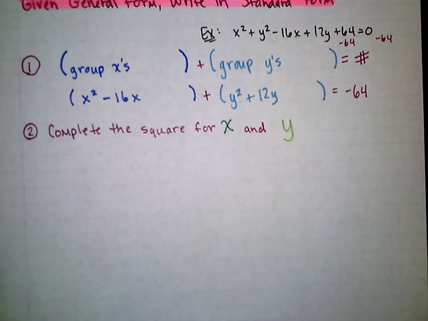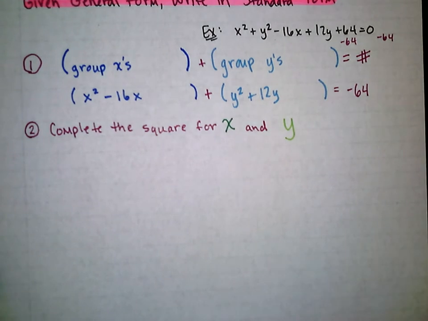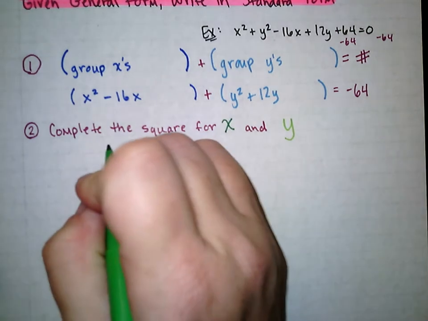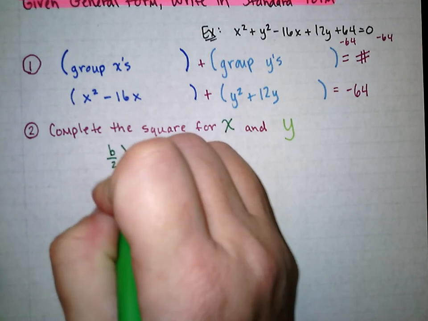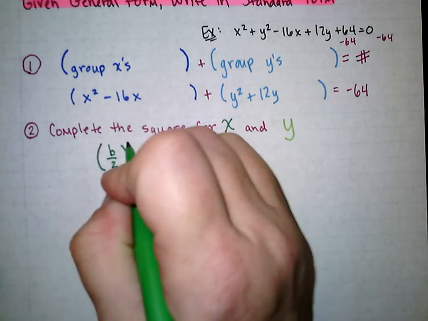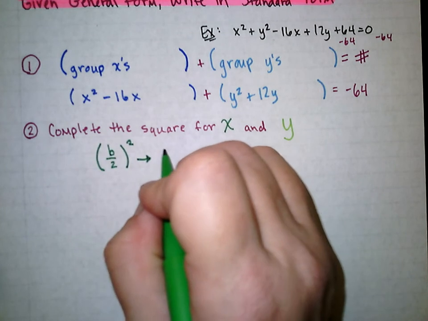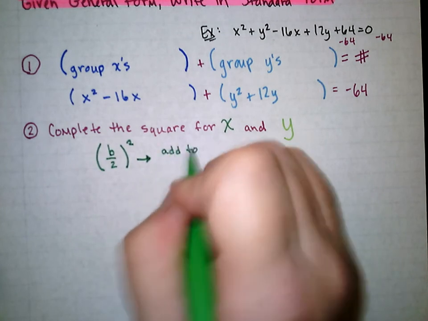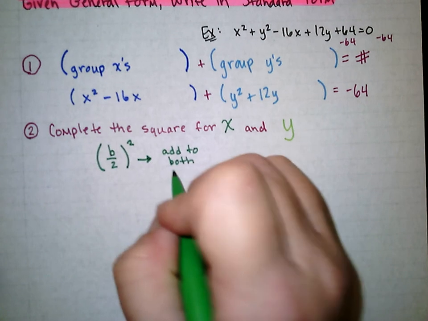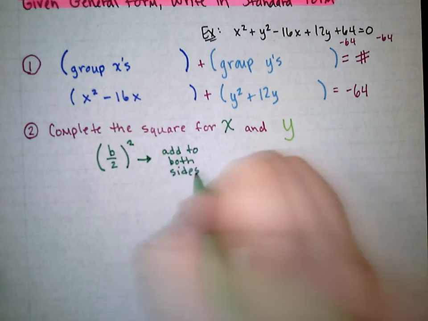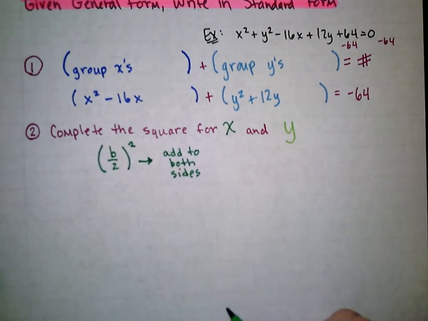When we complete the square, remember that what we're going to do is take b divided by 2 and we're going to square it. So we do b divided by 2, then we square it, and whatever number that gives us, we add to both sides. Okay, b divided by 2 squared, add to both sides.